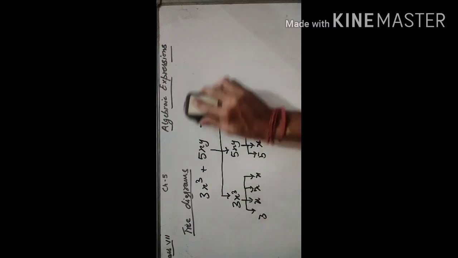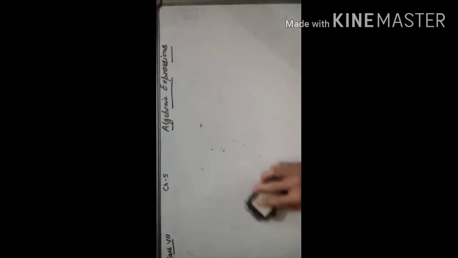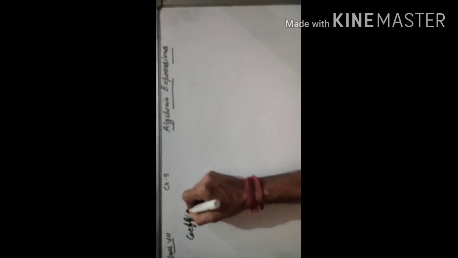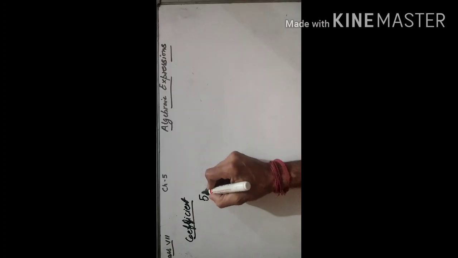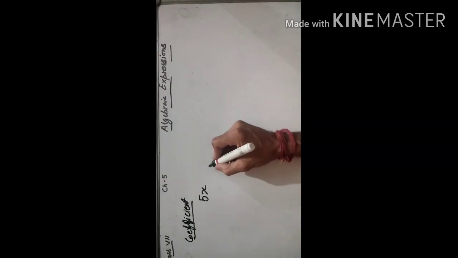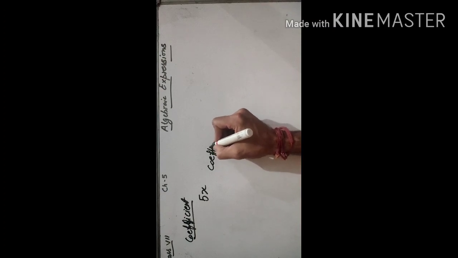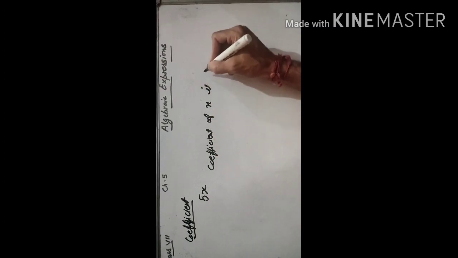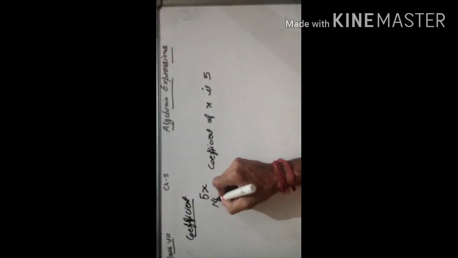Now next is coefficients of algebraic expression. Now suppose I write 5x, then the coefficient of x is 5, the numerical coefficient.